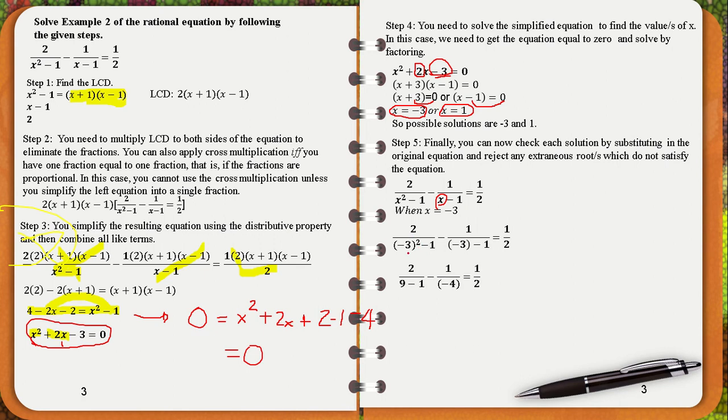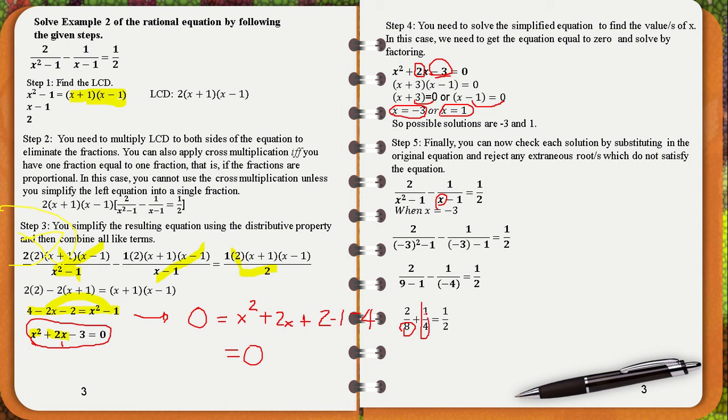So 2 over negative 3 squared is 9 minus 1 minus 1 over negative 3 minus 1, negative 3 minus 1 is negative 4, is equal to 1 half. Simplifying further, we have 2 over 9 minus 1 is 8 plus, bakit siya plus dito? Kasi minus po to. So minus yan, so para siyang negative 1 over negative 4. And negative over negative is positive.